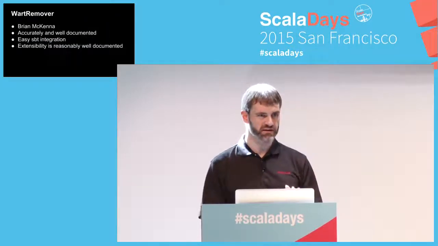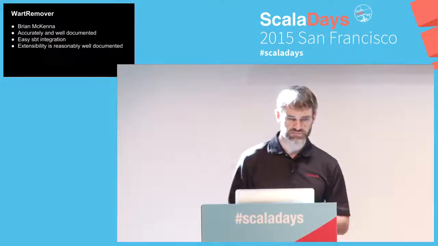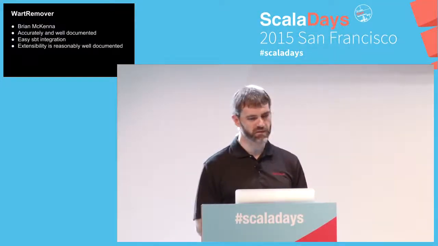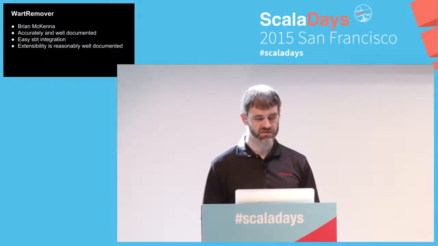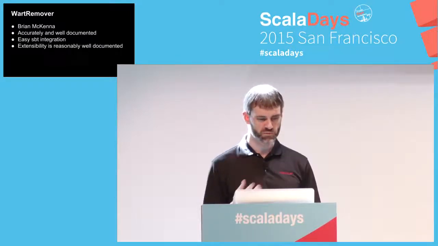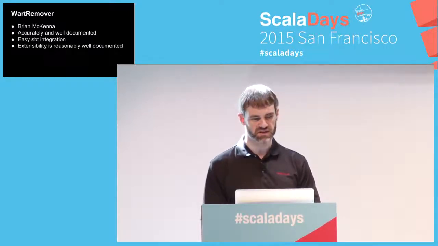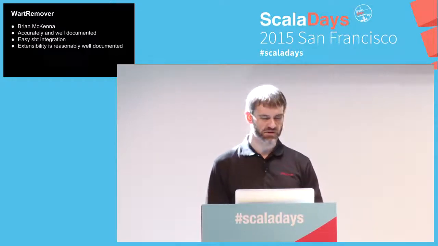Wart Remover is another static analysis tool. It will find this for you, among other things. It was written by Brian McKenna, and other people have contributed to it. It seems to have a low false positive rate for the things that I want it to do. It's well documented. It has nice SBT integration. And I've actually used the extensibility for this one.